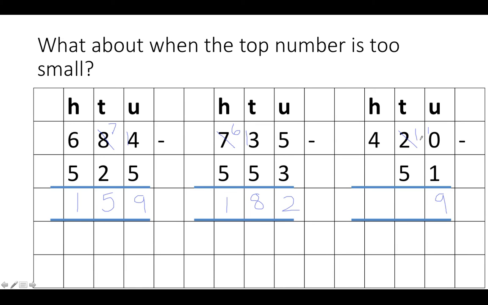Now I've got 1 take away 5, so I'm going to have to borrow again. So go next door, borrow one off him, he's got one less. The 1 I've borrowed always goes in front, and now I've got 11. 11 take away 5 is 6. And then there's nothing here, so 3 take away nothing is 3.